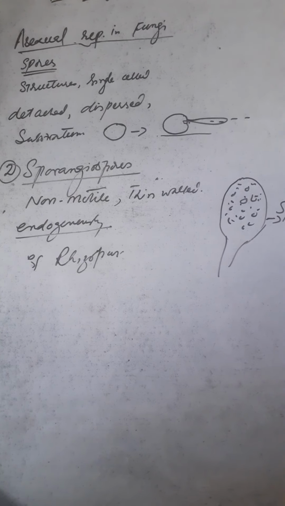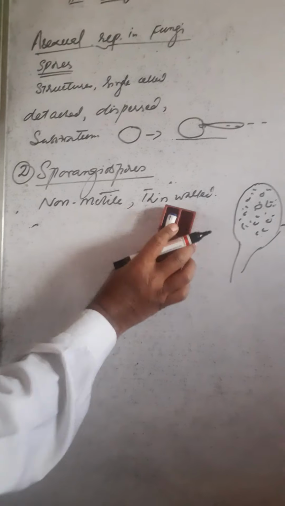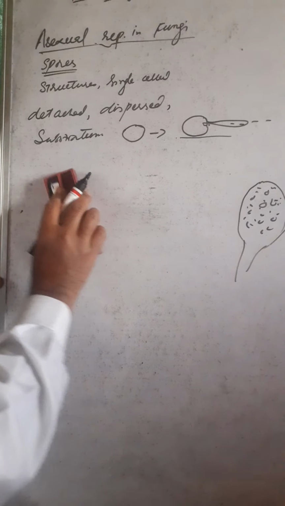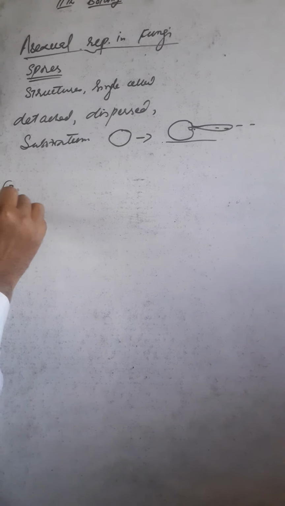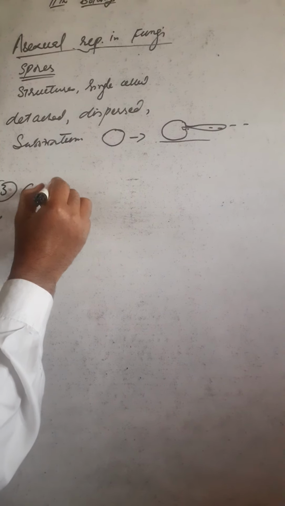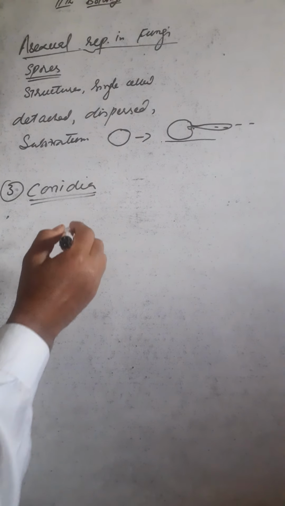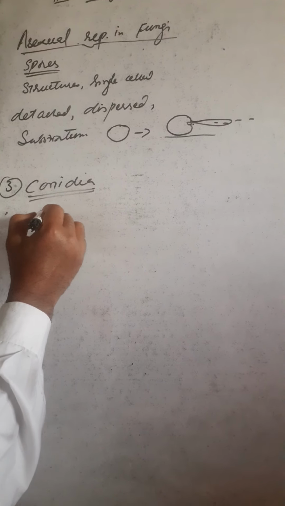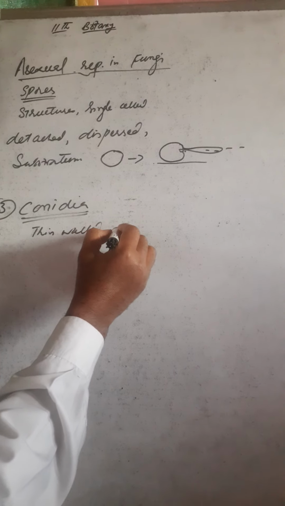Now, the third one is the conidia. These are also thin-walled and non-motile.